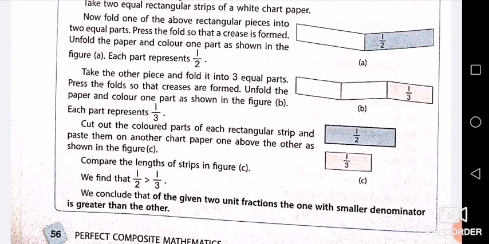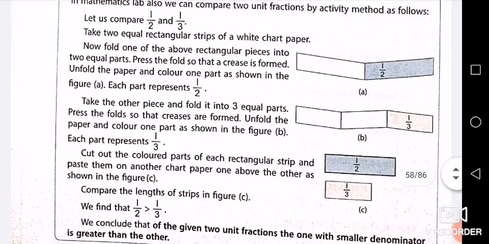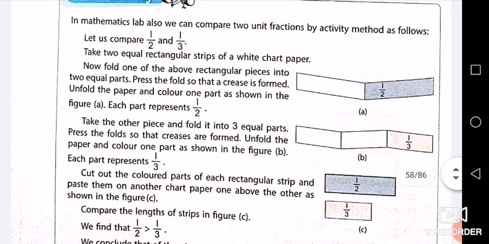See children, this lab activity you will do in your copy, and you can take any colored paper, you can take white chart paper and color that particular portion, or you can take two colored chart papers for comparison. Fine, it's totally up to your wish, whichever paper you want.